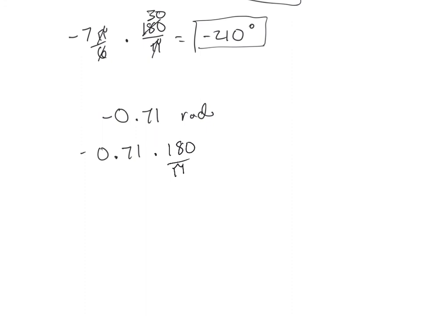So then I'm just going to use my calculator now, because negative 0.71 times 180, divided by pi, I got negative 40.680 degrees as my answer.